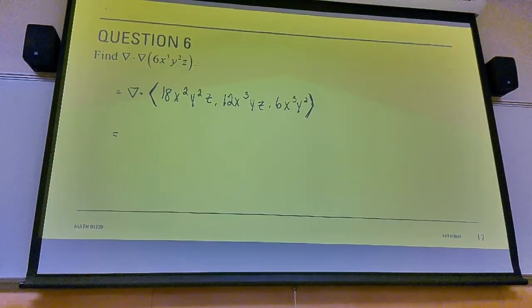So what's the divergence? 36x y squared z plus 12x cubed z, plus 12x cubed z.